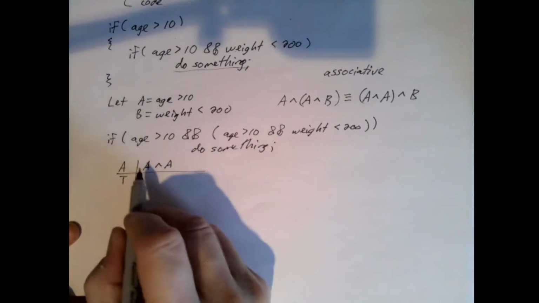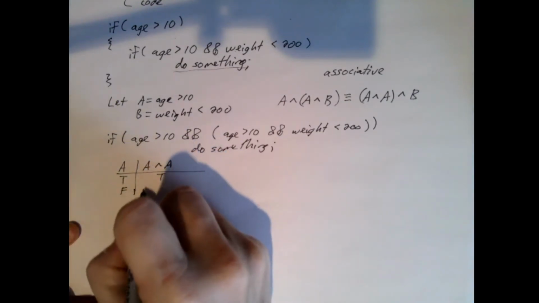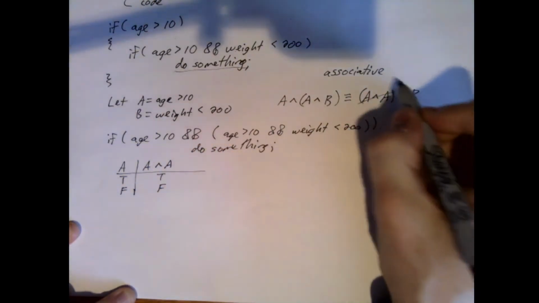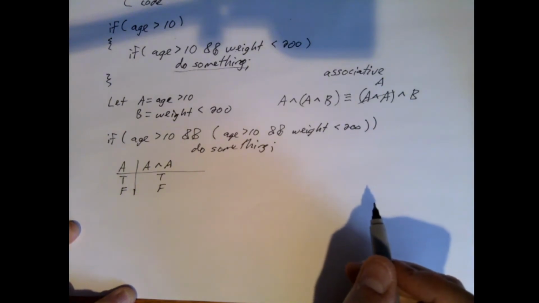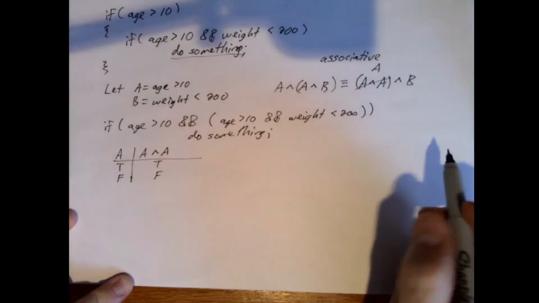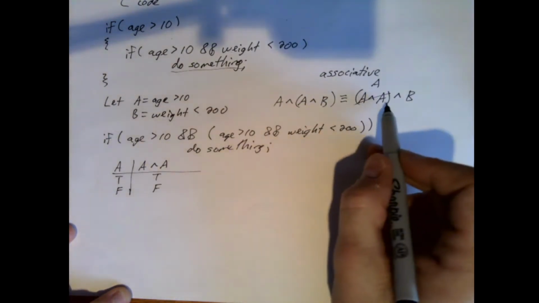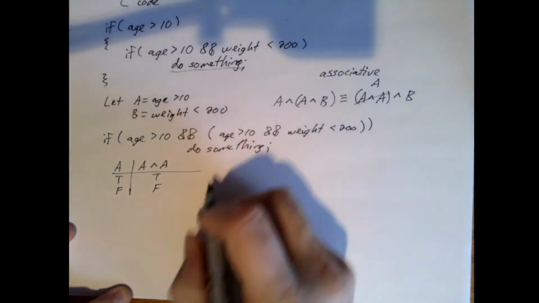When A is true, then I have true and true, which is true. When A is false, I have false and false, which is false. Which means this right here can be replaced by just A. Okay? And that's what the simplification is. When I have A and A, it's really just A. So really I should just do this.